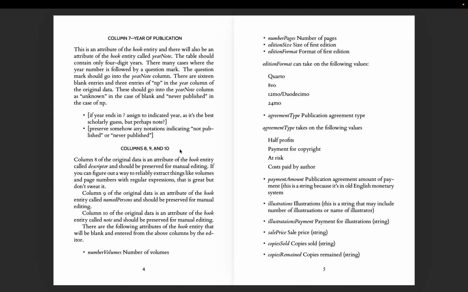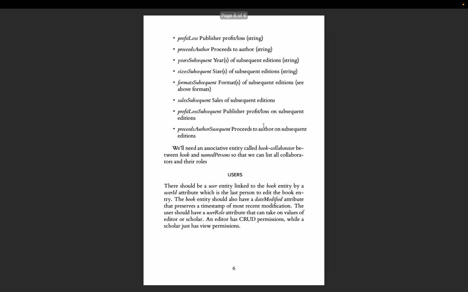And then these columns 8, 9, and 10 that have all these things that we want to extract are significant. And then we're already planning ahead for the application that will use this database. So we're thinking about the users of the application.